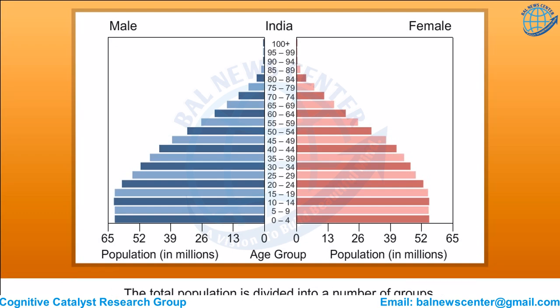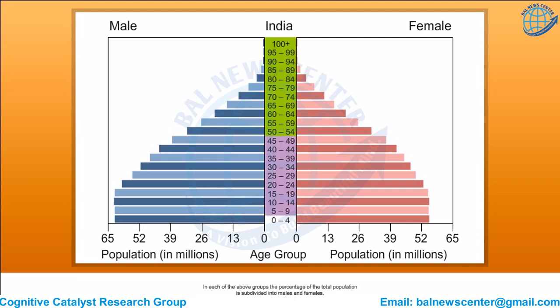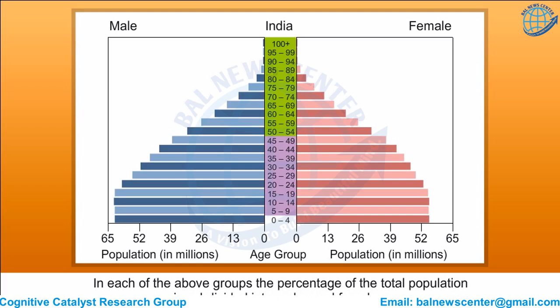The total population is divided into a number of groups, for example, aged over 50 years, 5 to 9 years, etc. In each of these groups, the percentage of the total population is subdivided into males and females.